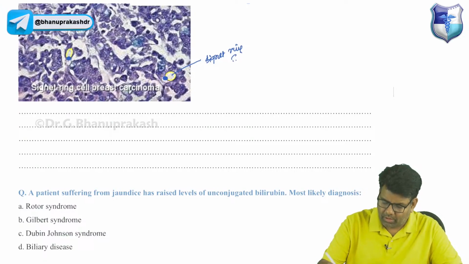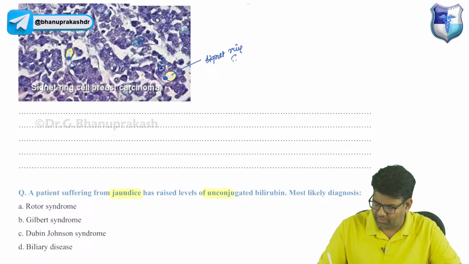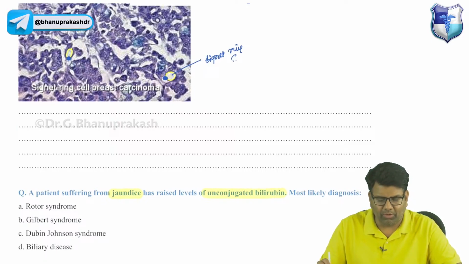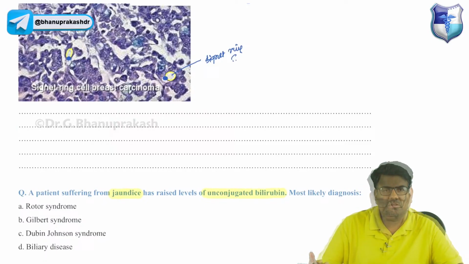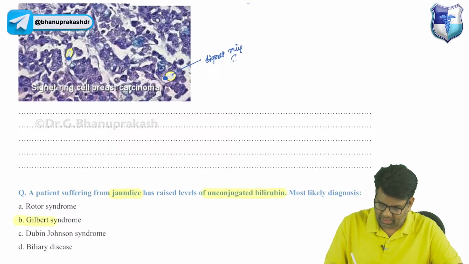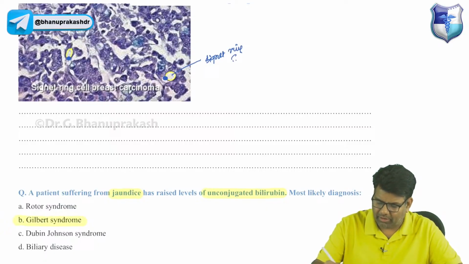Now, a patient having jaundice has high levels of unconjugated bilirubin. What can be the diagnosis? Very good. This is Gilbert syndrome, and let us take the metabolism of bilirubin.